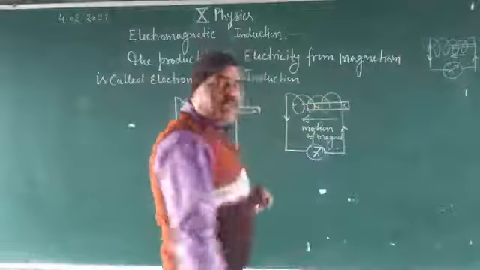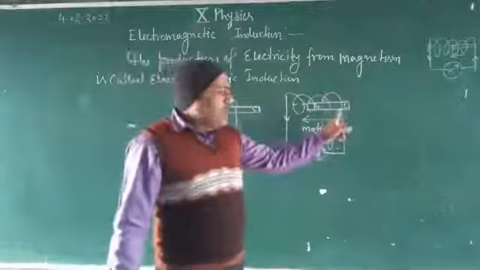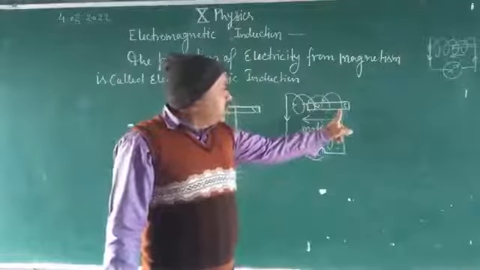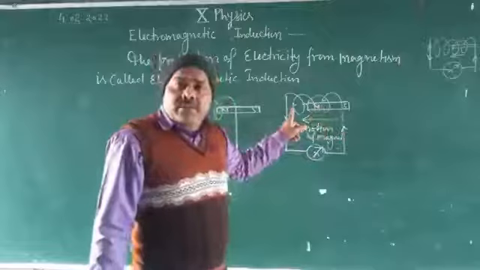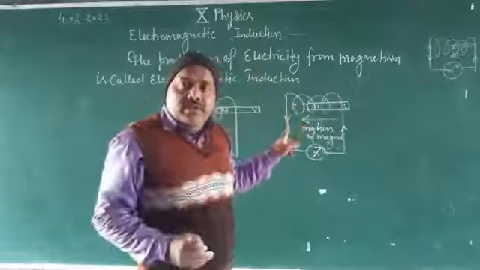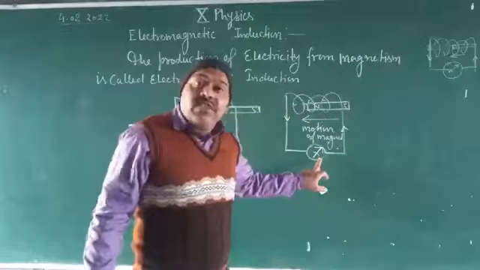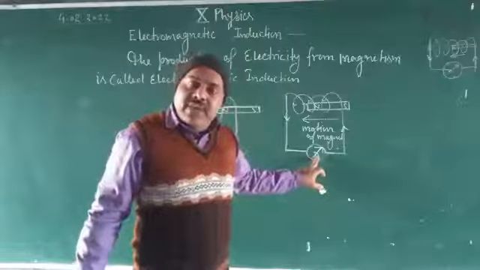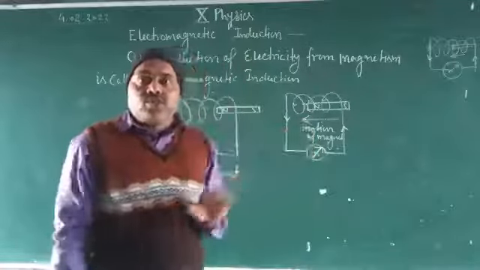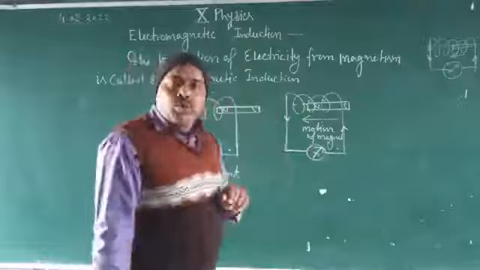It means current is produced. You will see that here the magnet moves inside the coil, towards the coil. Now the deflection is seen in the galvanometer. So we can say that current is produced in the coil.